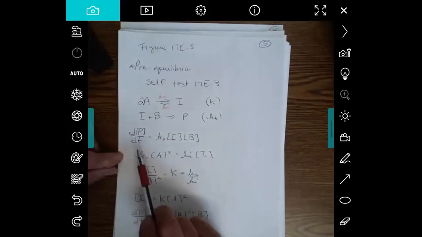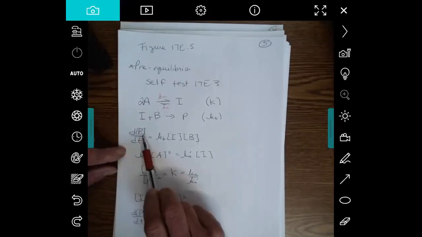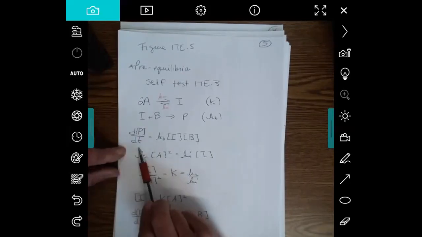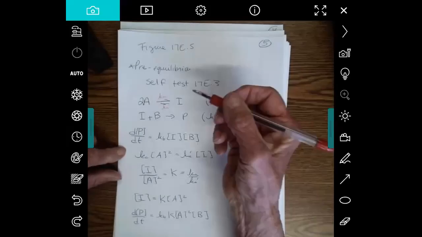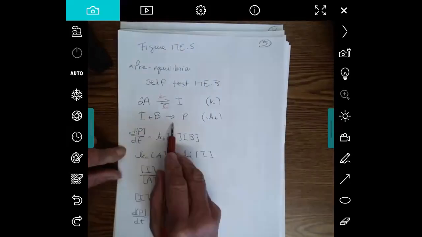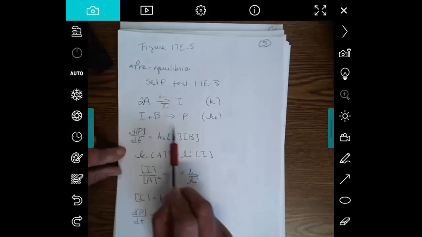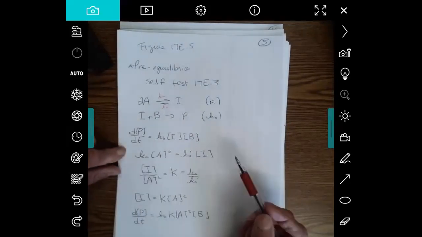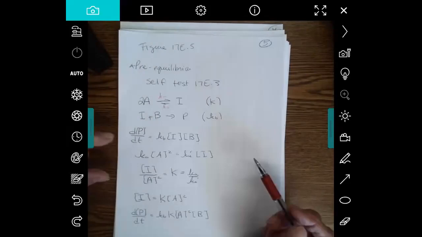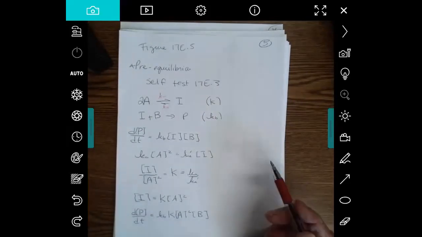So if I write the rate of the reaction, it could be equal to how the product concentration changes with time. And so that would be equal to Kb, the second step in the mechanism, times the concentration of I times the concentration of B. But once again, if I is an intermediate, I don't want its concentration in my rate law.